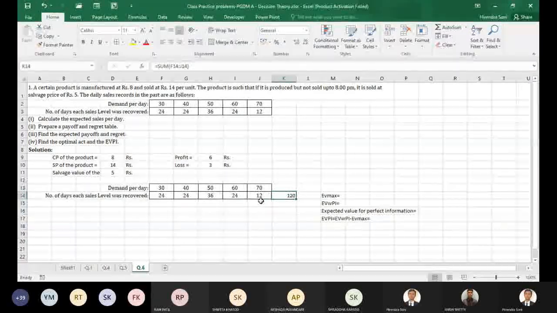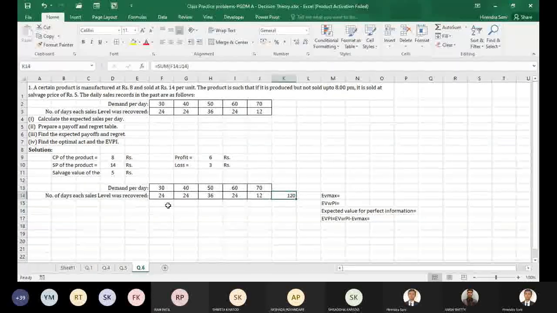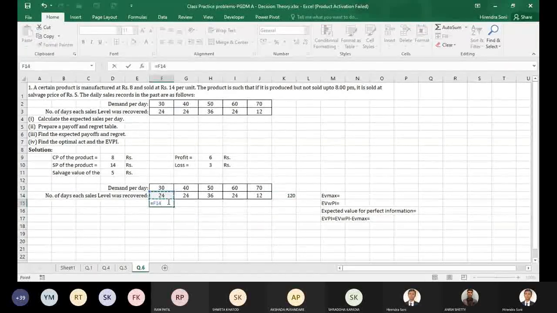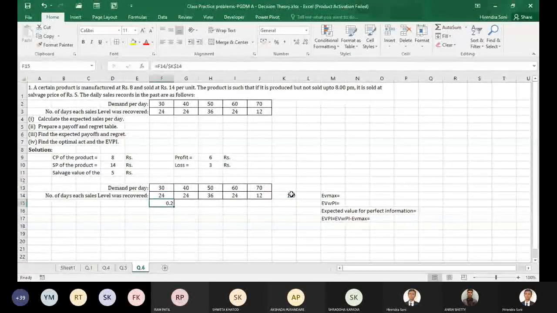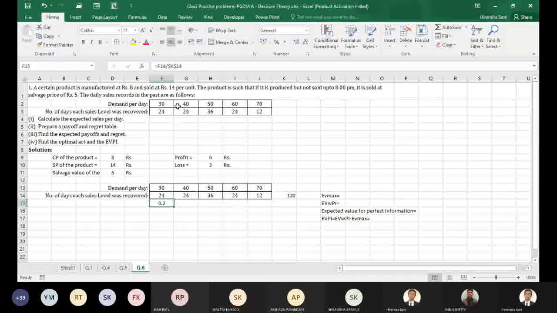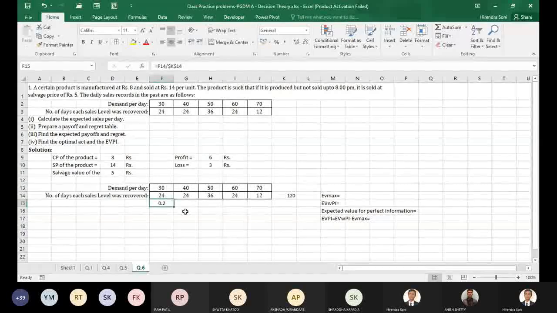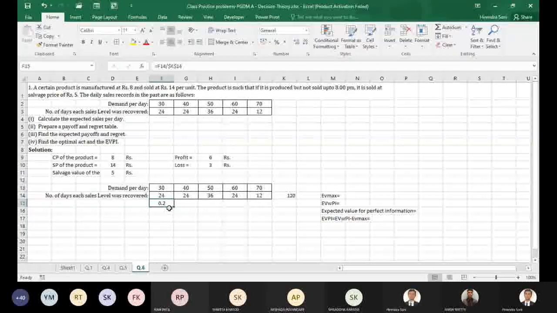So that means what is the probability for this? 24 divided by 120. 0.2 is the probability for this one. Correct, na? 24 upon 120. Similarly, here also 24 upon 120, 36 upon 120, 24 upon 120, and 12 upon 120. So that means you will get 0.2, 0.2, 0.3, 0.2, and 0.1.